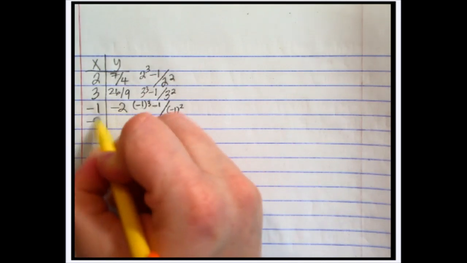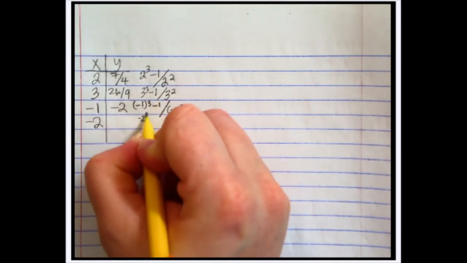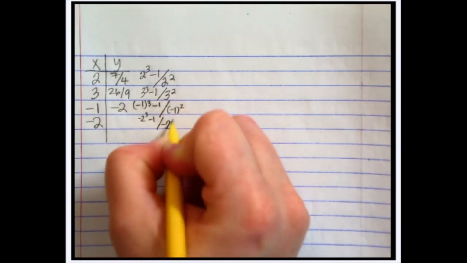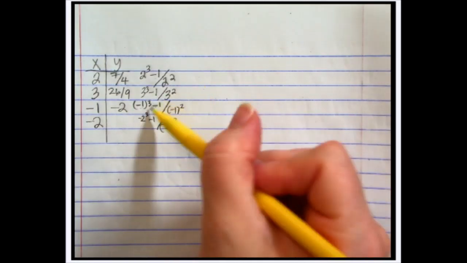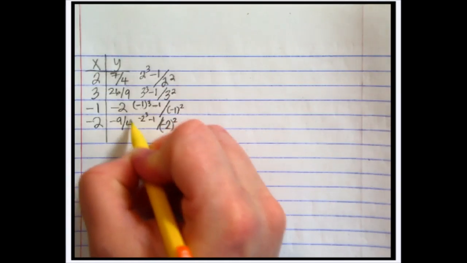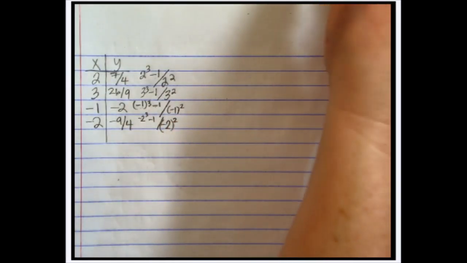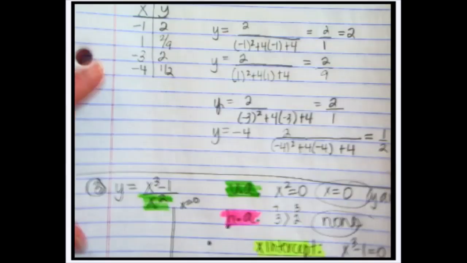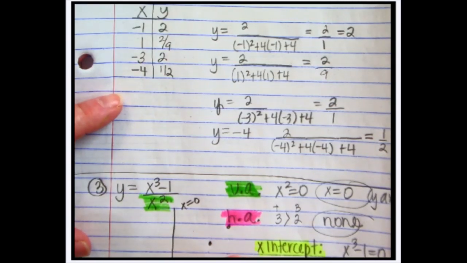And then if we do negative 2, looks like we'll get negative 9 over 4. So let's see what that looks like. So negative 1, negative 2, and negative 2, 9/4. So that is, what, 2 1/4?